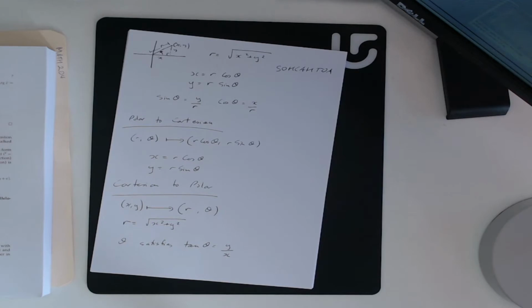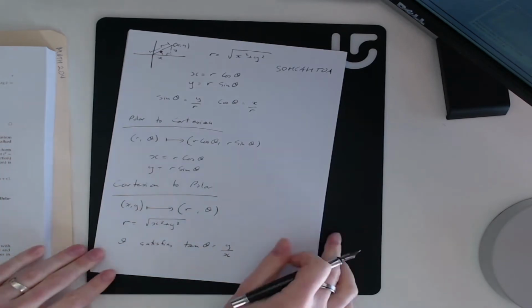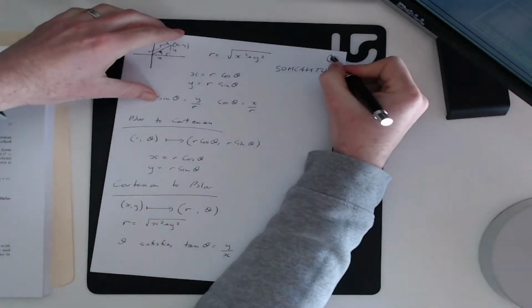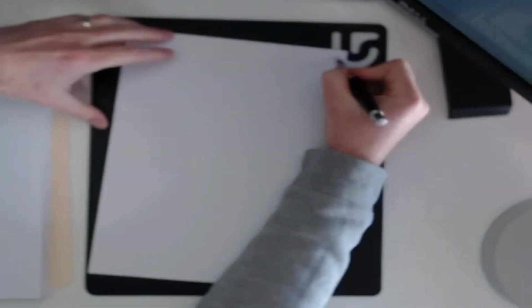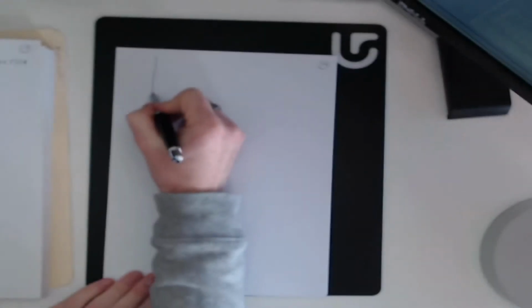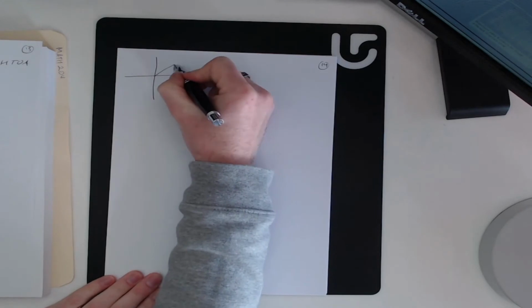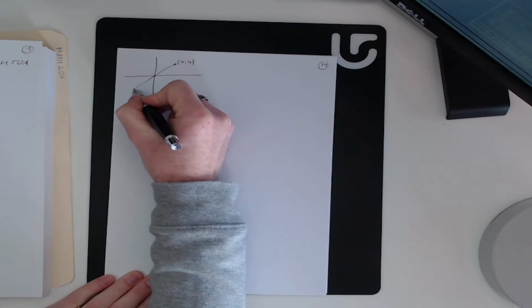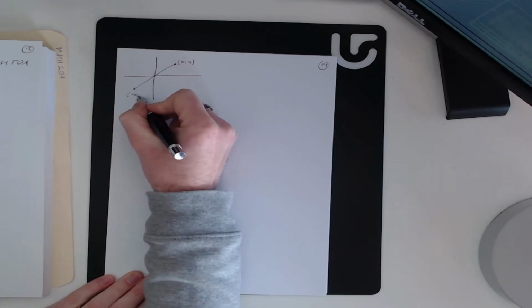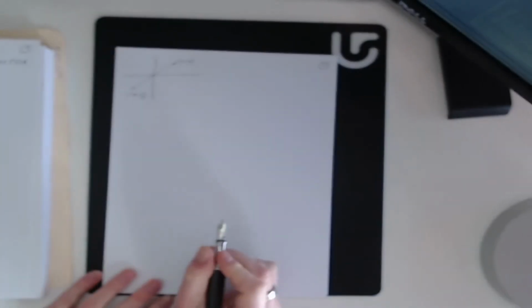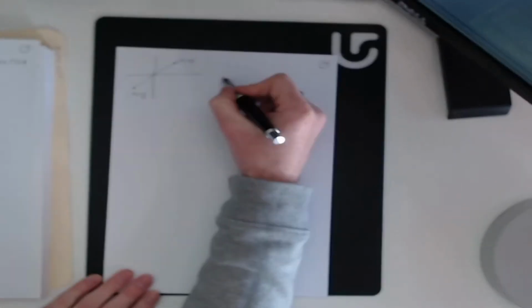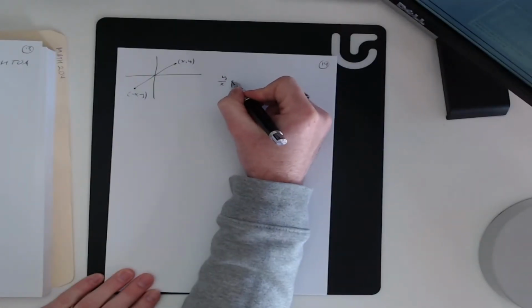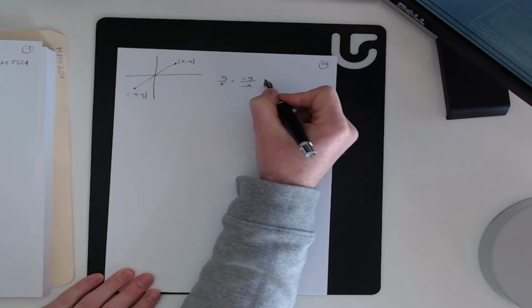The inverse is not defined because there are multiple angles that can satisfy y over x. So in particular, y over x is also equal to minus y over minus x, right?